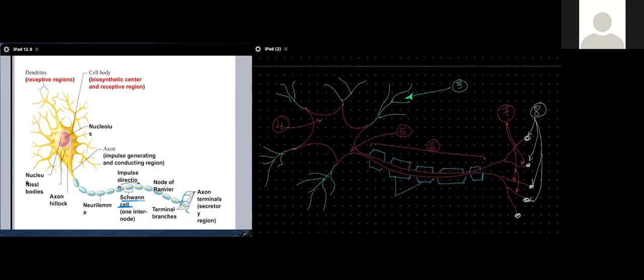The covering and the cell forming the covering of the axon is going to be number 9. And the interruptions here of the axon coverings, those are called what? This is going to be number 10.